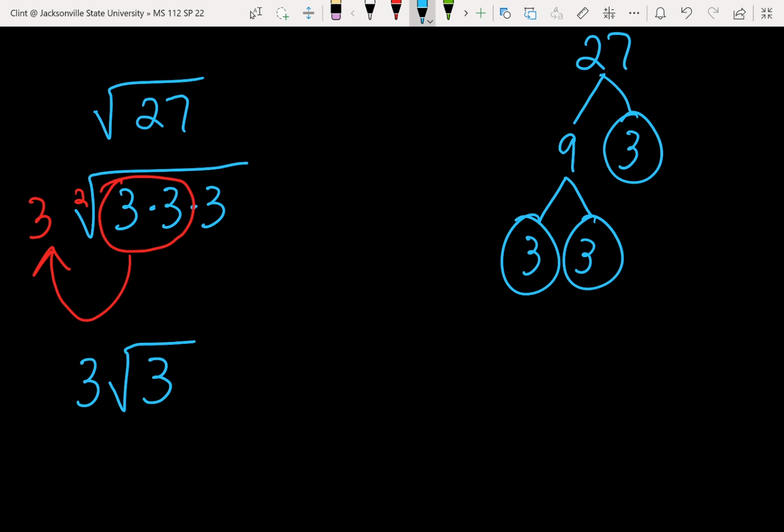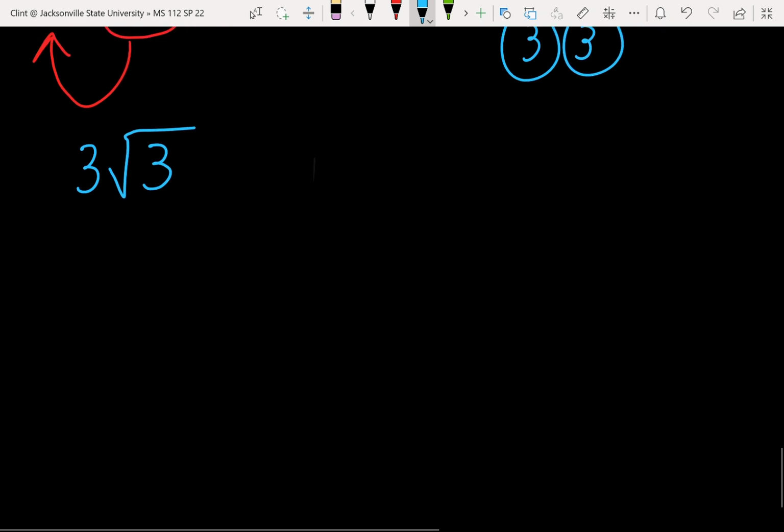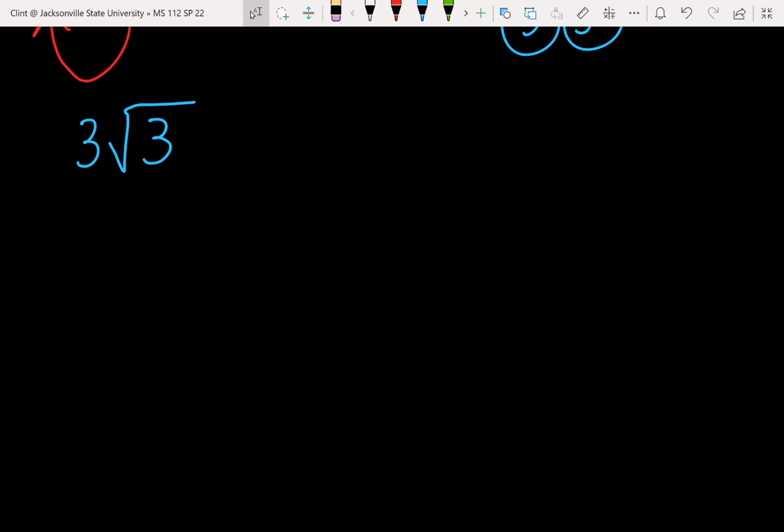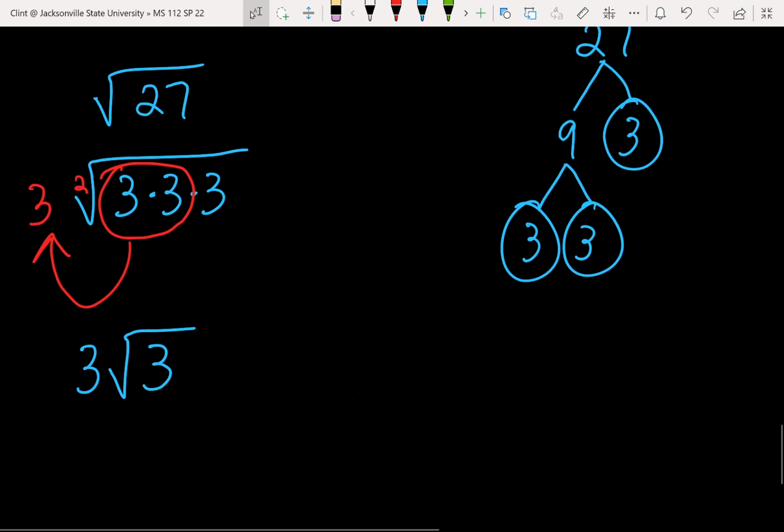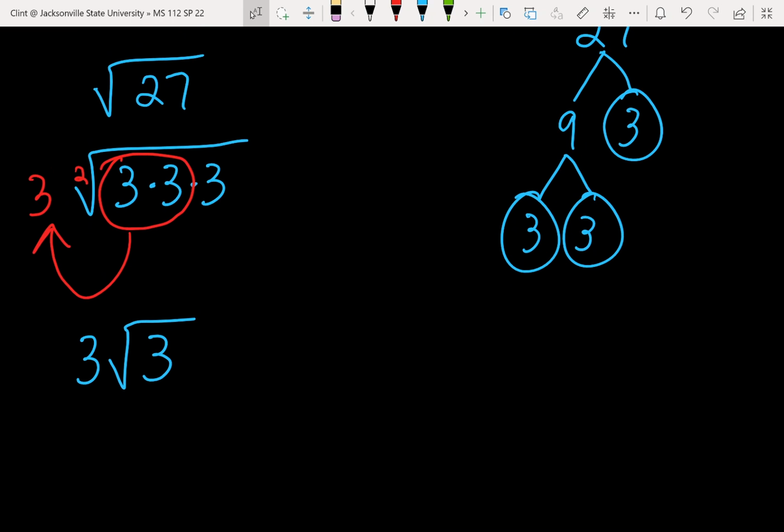So when that seems to be more beneficial is when our index gets bigger.